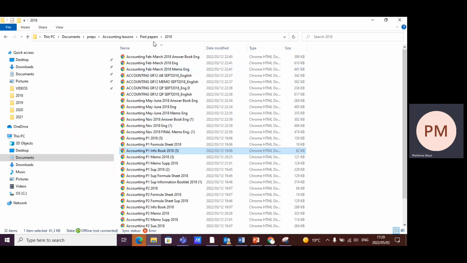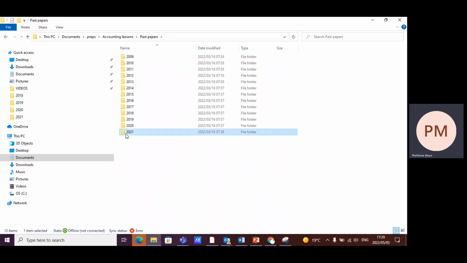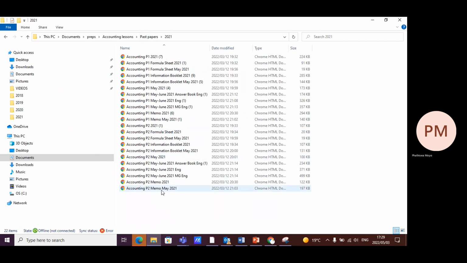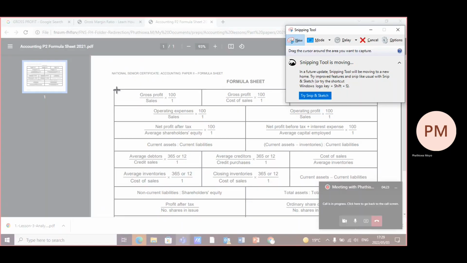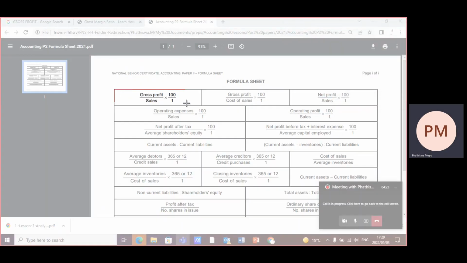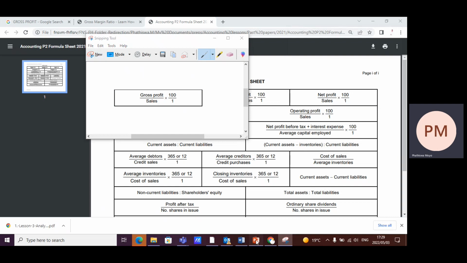So I'm just going to check something here on the IEB formula sheet. There you go. See, here on the IEB formula sheet, they just put the sales. But you know, guys, if there are debtors allowances, you need to adjust that.